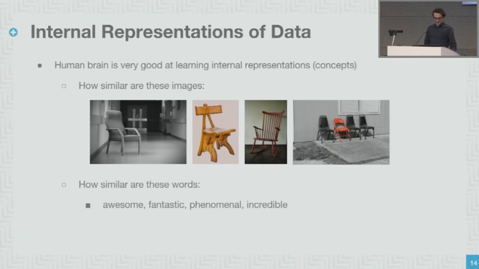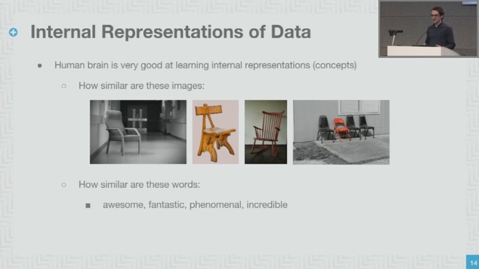So we're going to shift gears here a little bit and talk about internal representations of data. This is something the human brain is very good at. We're good at learning concepts. For example, look at these images. How similar are they? If you think of it from a machine's perspective, they're not the same color, they're not the same shape, and they don't have the same texture. They look completely different. But we, as humans, know that they're similar because we know what a chair is.